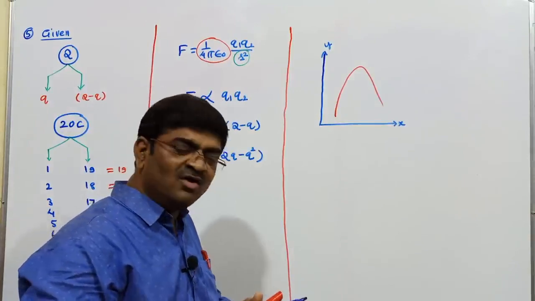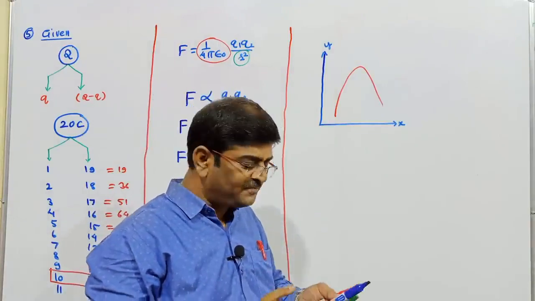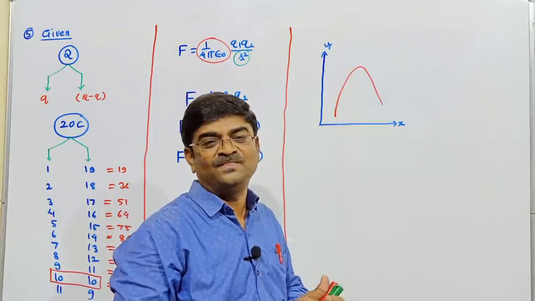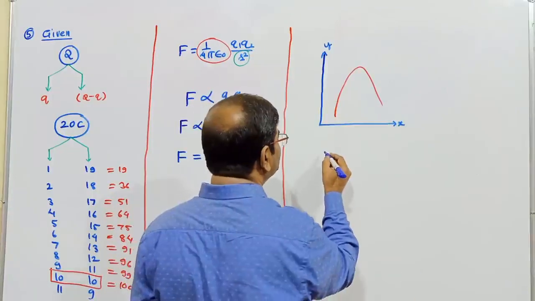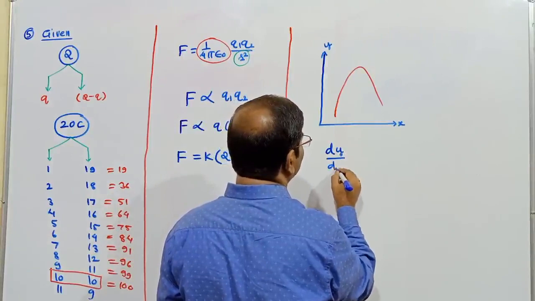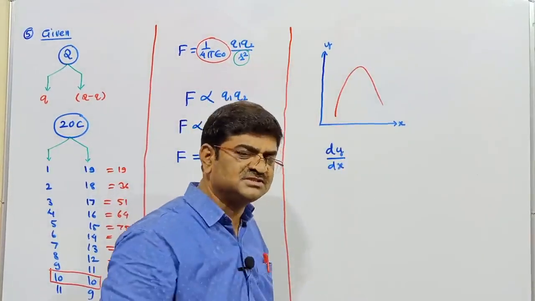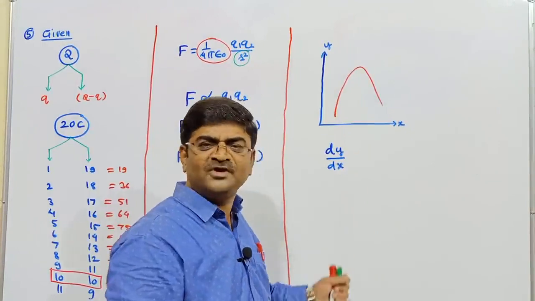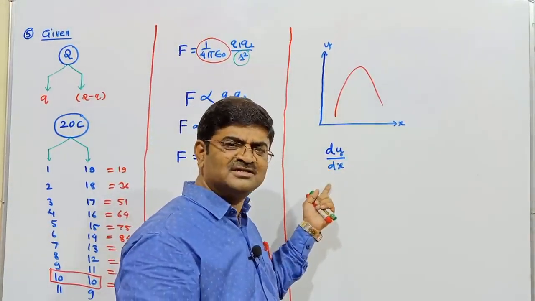Now for that variation, if I ask you to calculate the slope, tan theta, or in the language of calculus, slope equals dy by dx, or as you have written, y2 minus y1 divided by x2 minus x1. Slope is like a calculus definition, dy by dx.